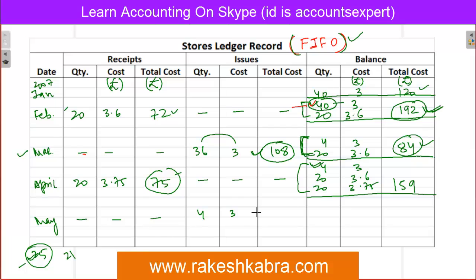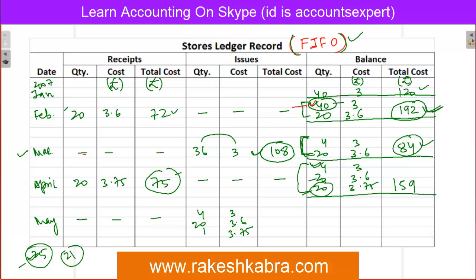Now out of the remaining 21 we sold 20 units, this one, and the rate is 3.6. Now how many units are left to sell? 1 unit now, to make the sale 25. So that one unit we sold from this new lot, and the rate is 3.75.